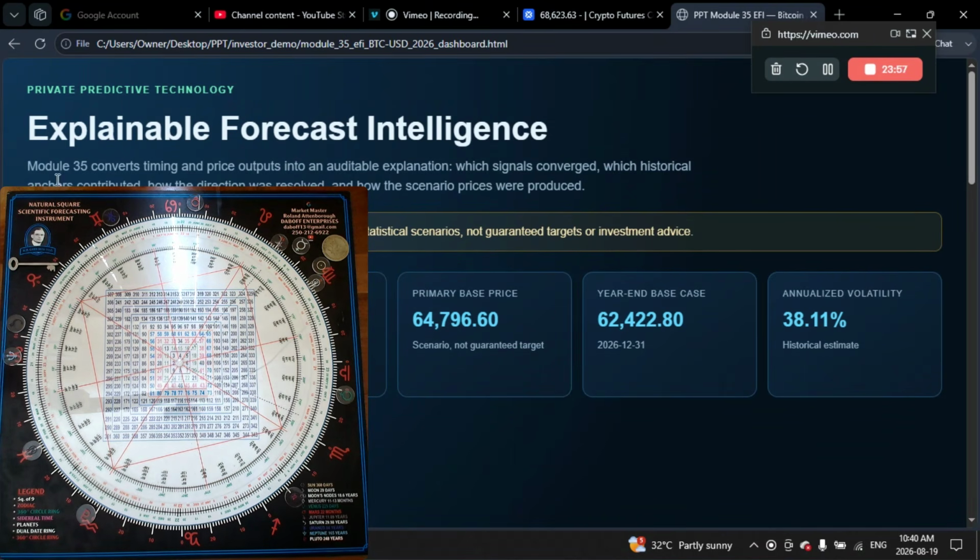I've coded 35 modules under William Gann's work from all his books and courses, and we've converted it into this audible explanation of which signals converged, which historical angles contributed, how the direction was resolved, and how the scenario prices were produced. It's calling for these year-end major turns for these scenarios.